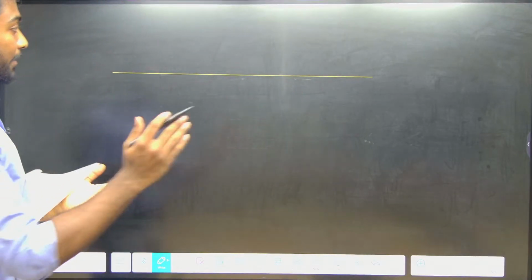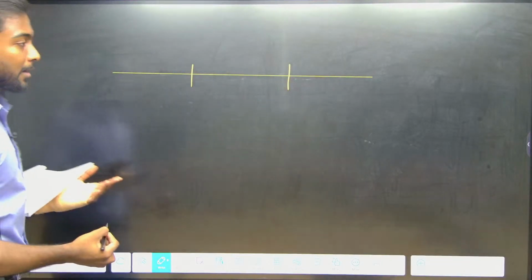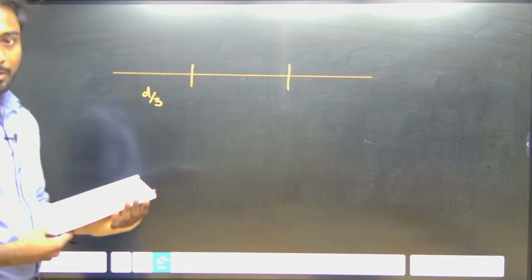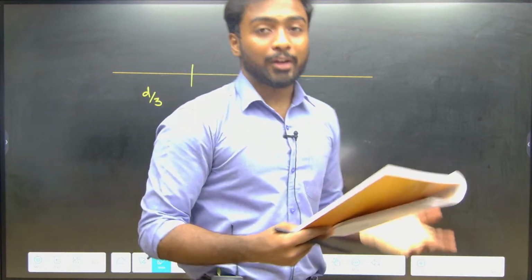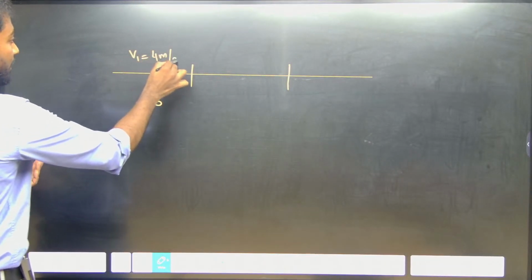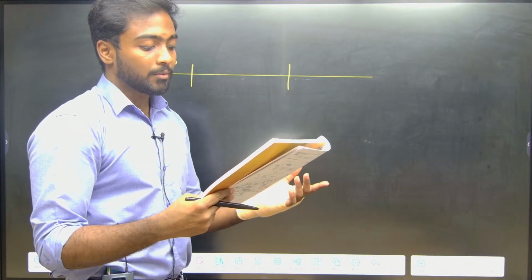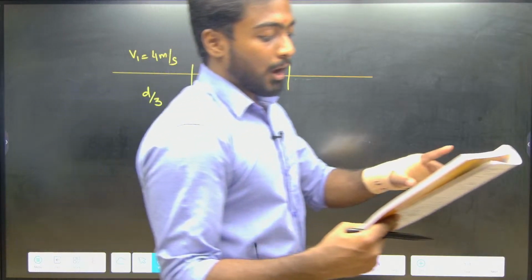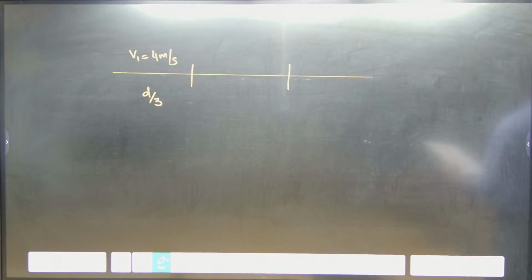That is, they have divided the distance in 3 parts. First part, second part and third part. So 1/3 of a distance, which means d by 3, right, 1/3 of a total distance with a velocity 4 meter per second. So they have given v1 is equals to 4 meter per second. Then the remaining part of a distance was covered with a velocity 2 meter per second, got it? For half the time and velocity 6 meter per second for the other half the time.